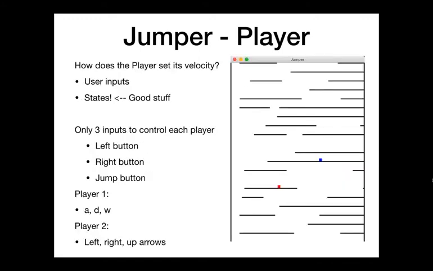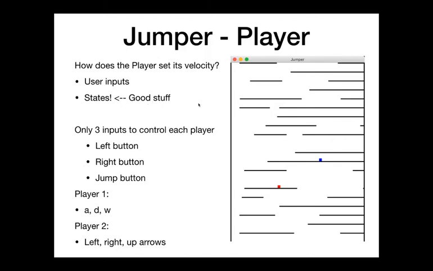So how do we change that velocity? Well, we got three buttons: left, right, and jump. Either A, D, and W, or the arrows left, right, and up. So as the player is hitting these buttons, we're going to set some intended velocity, and what that velocity is set to and what dimensions and everything is going to be decided by the states.